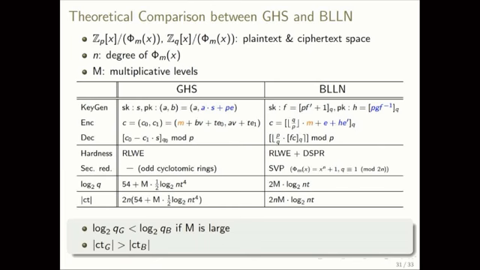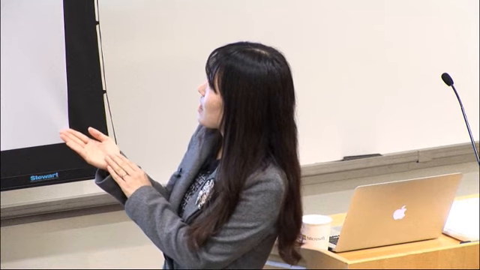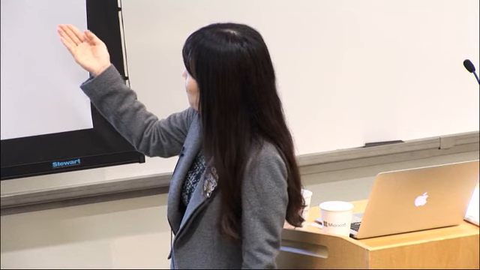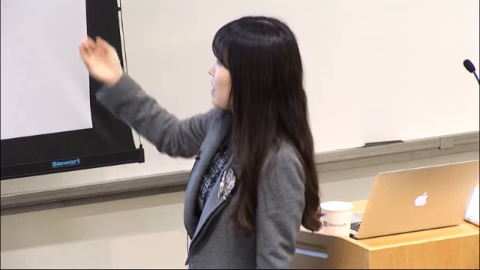And we also provide a theory comparison between the GHS scheme and the BLLN scheme. They use the same plaintext space and ciphertext, but the main difference between the two schemes is the encryption of messages. The GHS scheme puts the messages in the least significant bits of the ciphertext, but the BLLN scheme puts the messages in the higher bits of the ciphertext.